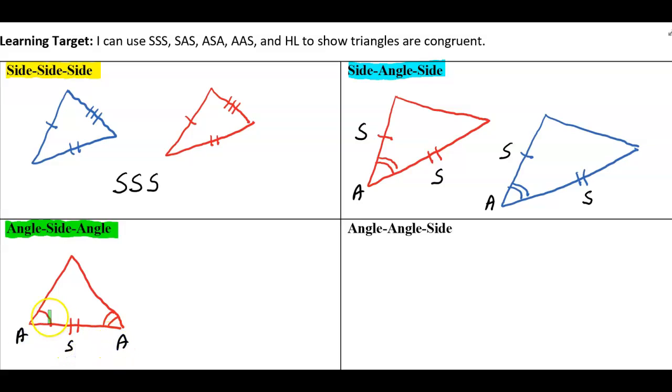And I'm going to highlight that side. It's between those two angles. So in that particular problem, we have angle, side, angle. And I'm just going to draw the picture here. So angle, side, angle.